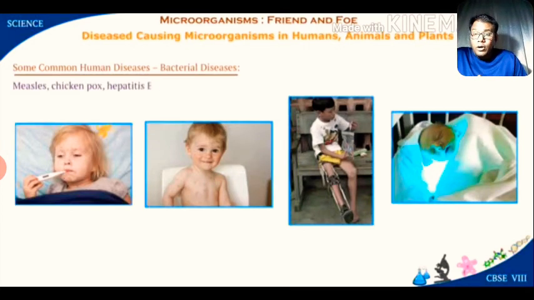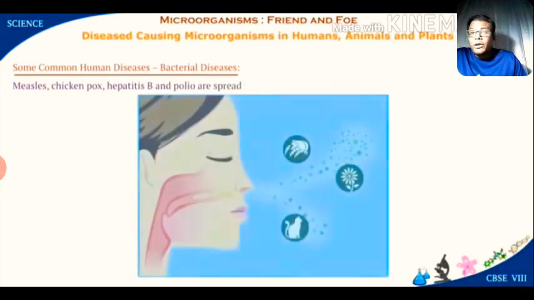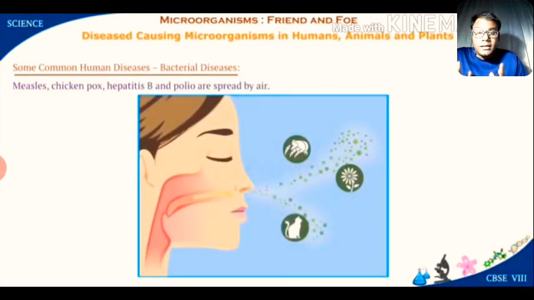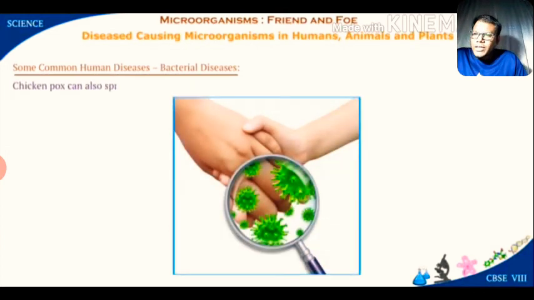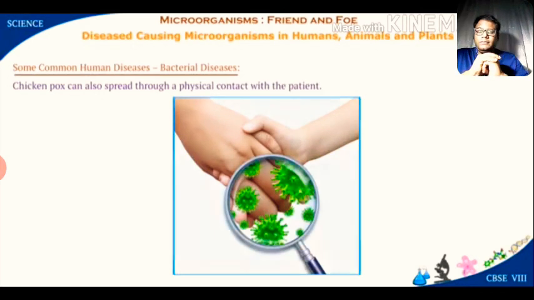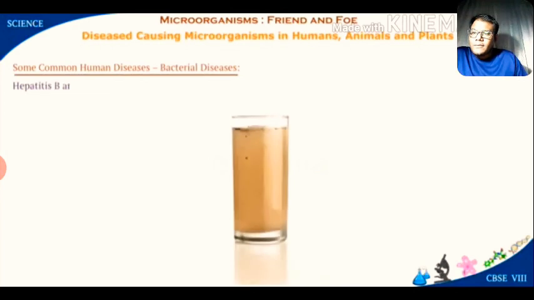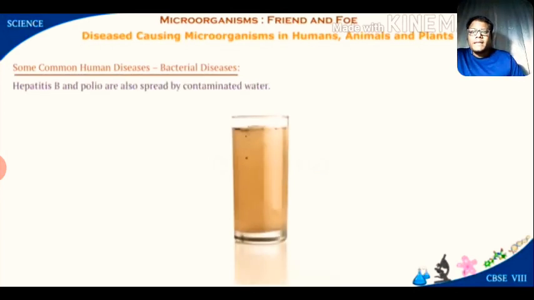Measles, chickenpox, hepatitis B and polio are spread by air. Chickenpox can also spread through physical contact with a patient. Hepatitis B and polio are also spread by contaminated water.